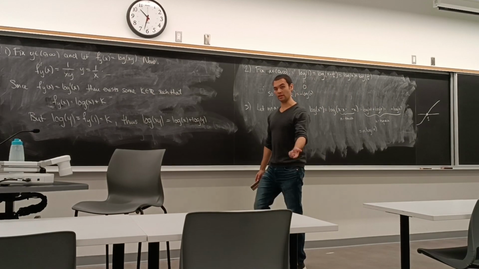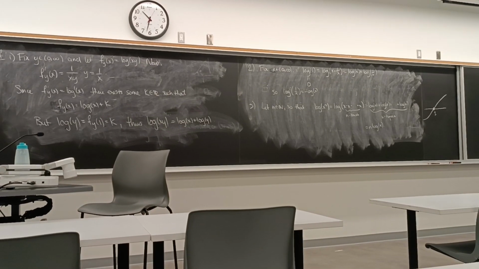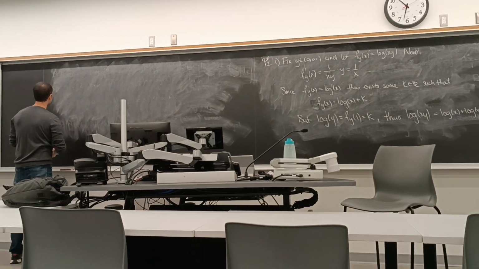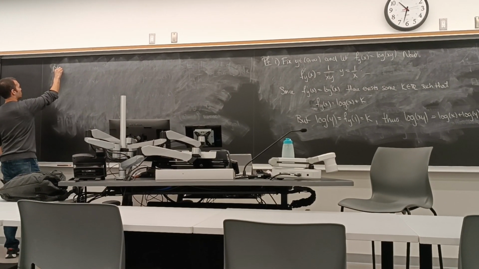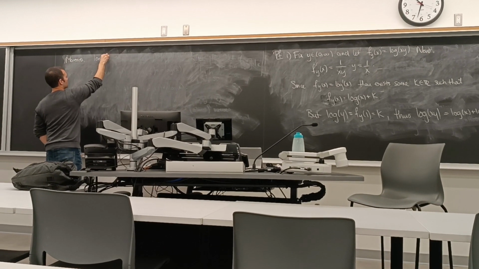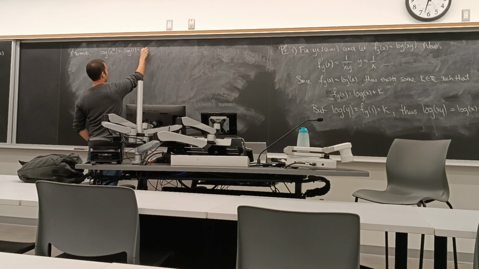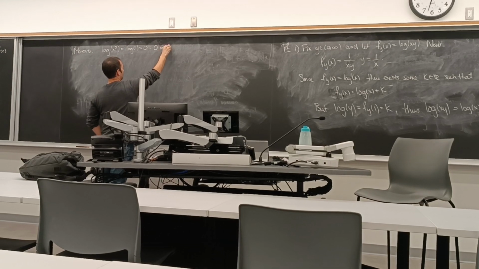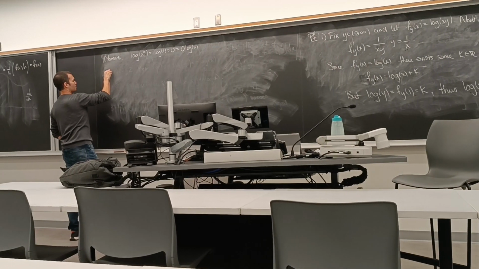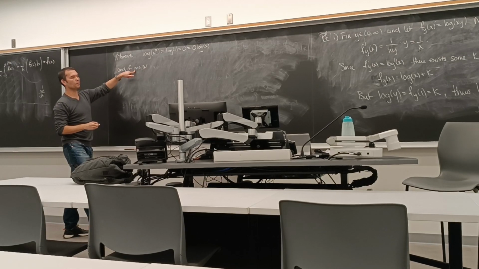Okay? So now let's extend it. Let's prove it for the integers. So I need to prove it for the negative numbers. But again, there's really nothing to do there, because we know what log 1 over x is. Actually, maybe we should do 0 first. Log of x to the 0 is equal to log 1 equals 0 times log x. So it's true for 0 as well. Now let's do it for the negative numbers. If m is a natural number, I'm going to take it to be positive and put a negative sign in front of it.